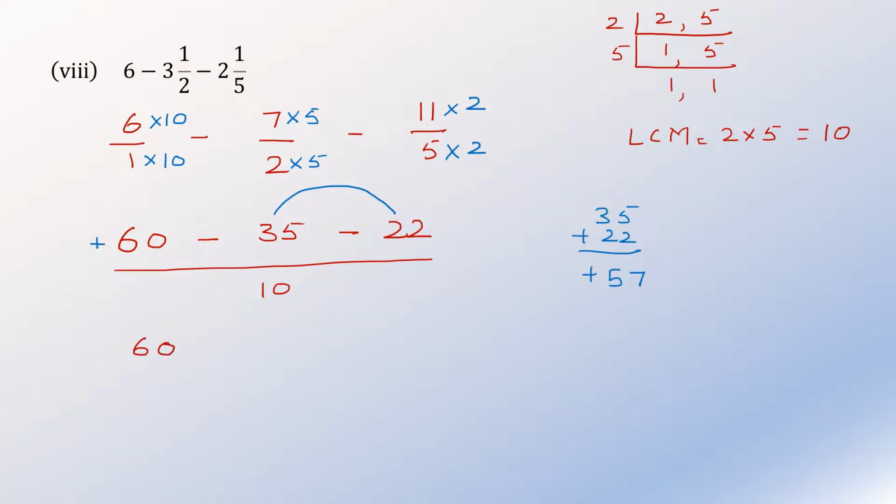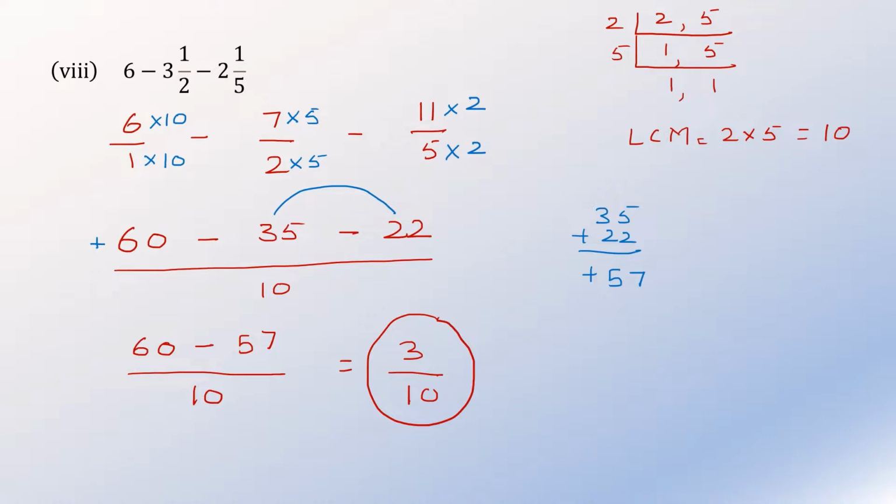When signs are the same, we put the same sign and write the answer, 57, divided by 10, which is equal to 60 minus 57 is simply 3. 3 by 10. So our final answer is 3 by 10.